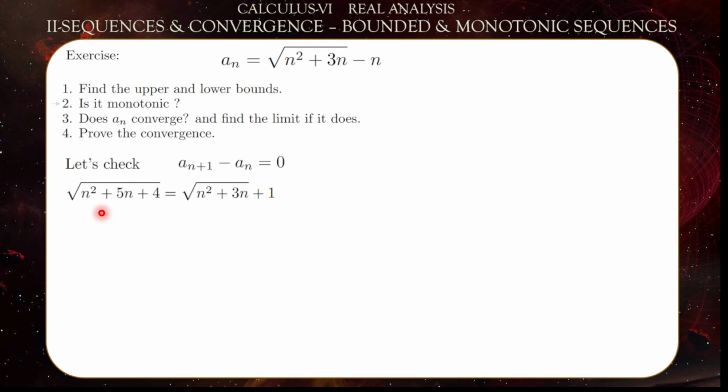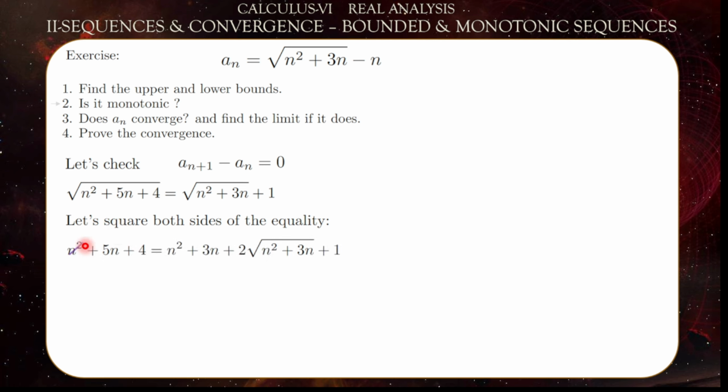So we elevate left and right to the square power, which gives us n squared plus 5n plus 4 equal n squared plus 3n plus 1 plus 2 square root of n squared plus 3n. Now n squared cancels out, so we are left with 5n minus 3n plus 3 is equal to 2 square root of n squared plus 3n.